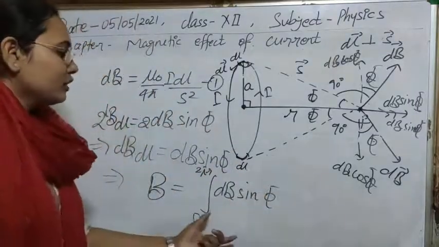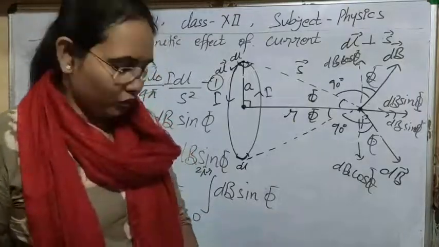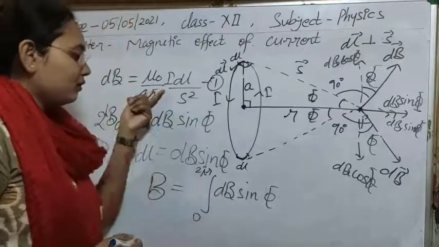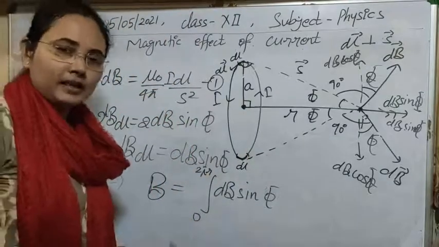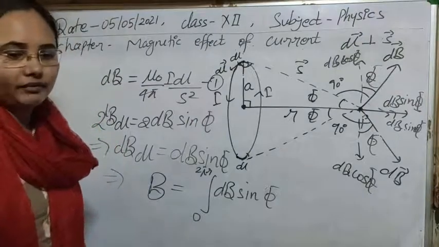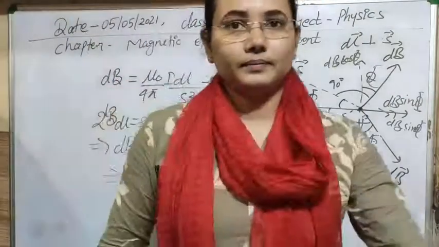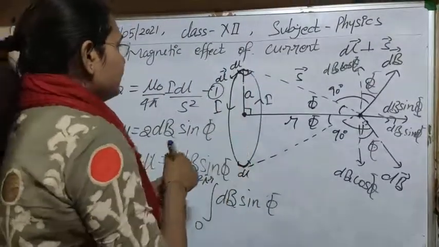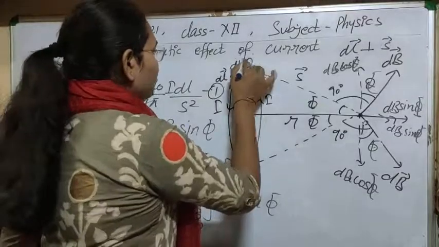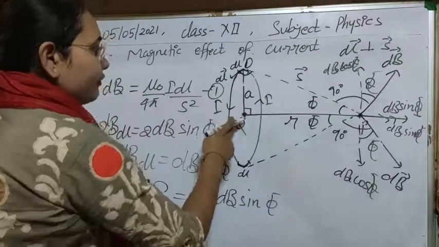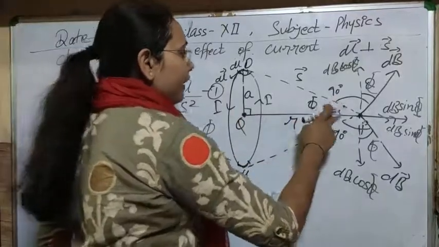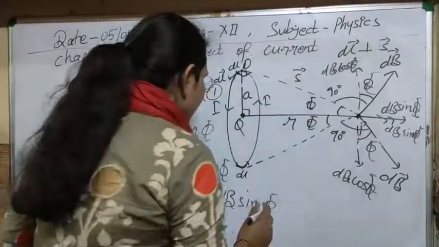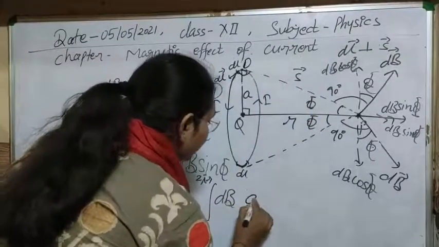So dB sin phi. Let's first find the value of sin phi. After that we will put in the value of dB that we calculated before, and we will use the integration to obtain the total magnetic field here. So in this triangle, suppose this is our point O and this is our point Q. In triangle OPQ, sin phi can be written as perpendicular upon hypotenuse.